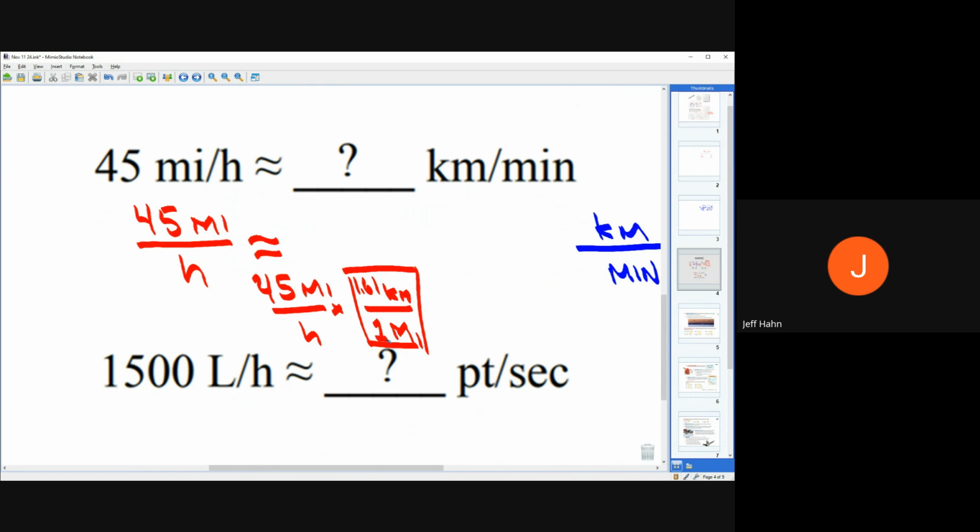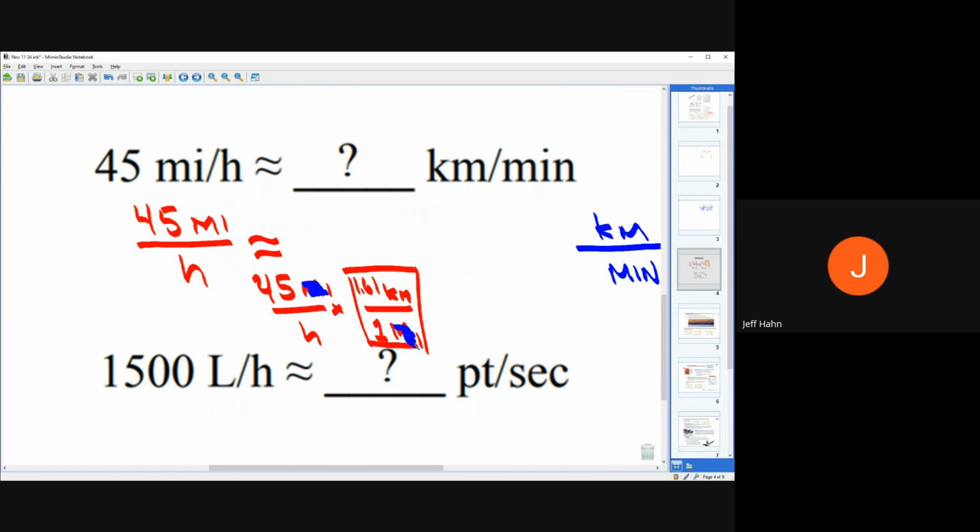Now here's the part I think you're gonna like. First thing is get rid of my label. I don't want you to do the math yet because we still have another step. I'm left with my kilometer I want, but I still need to change my hours to minutes.